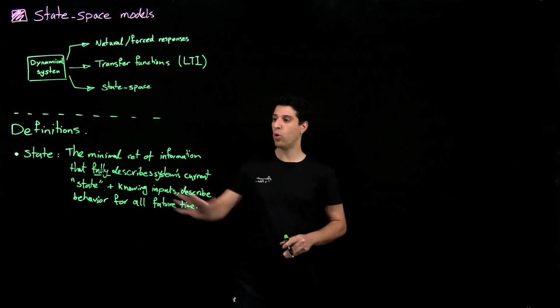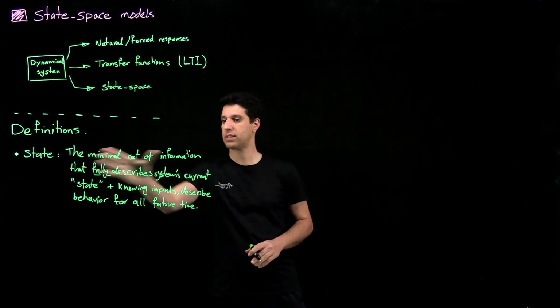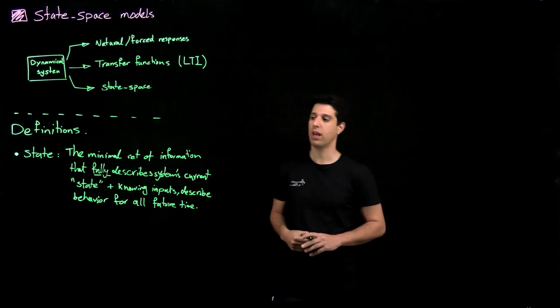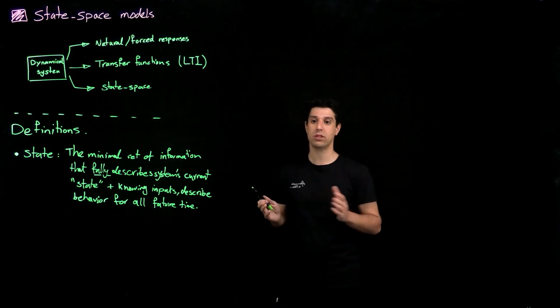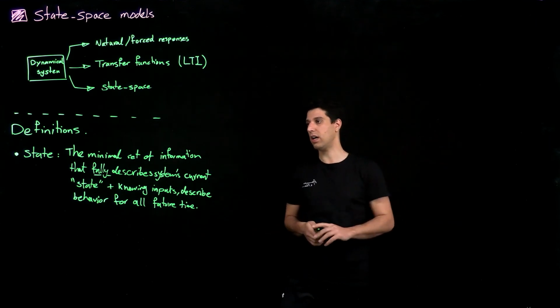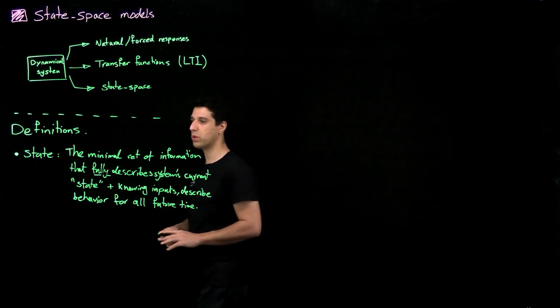This fully is important. So if we know the current, this minimal set, and we know the input, we should be able to describe the system now and for the entire time. That is what we call a state.